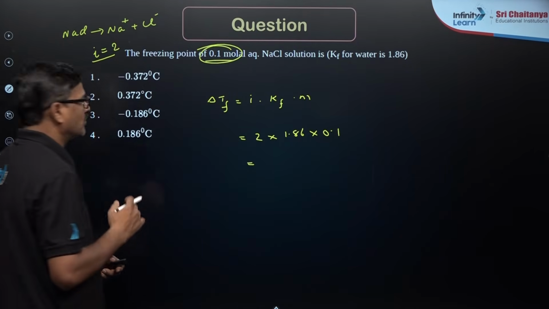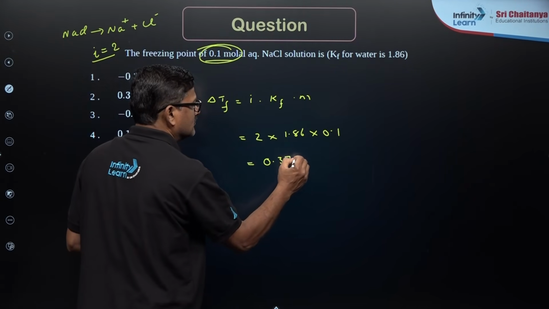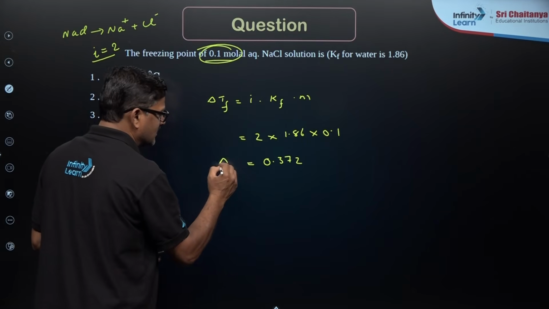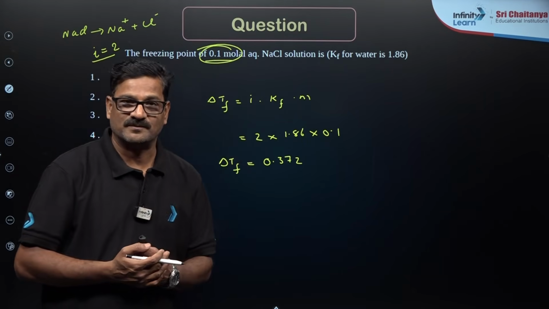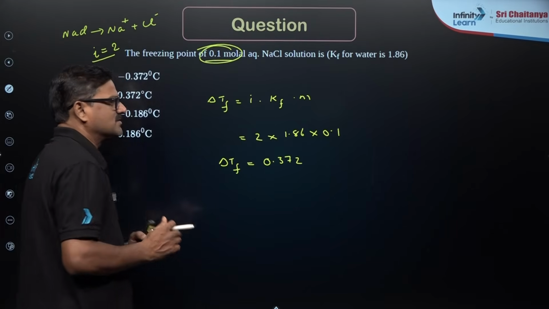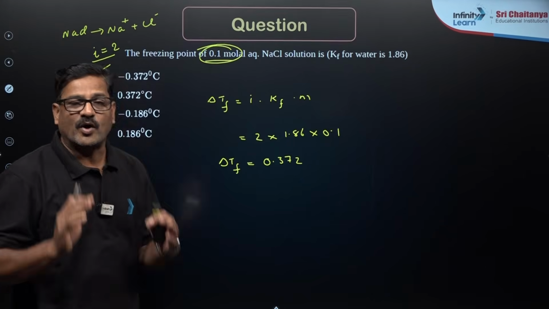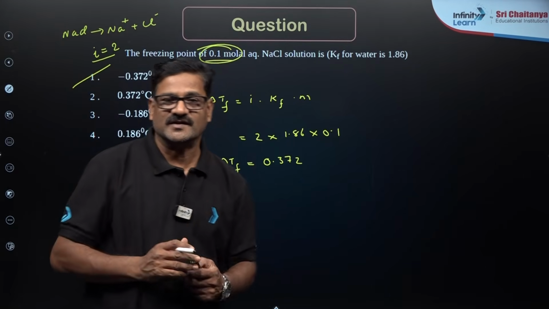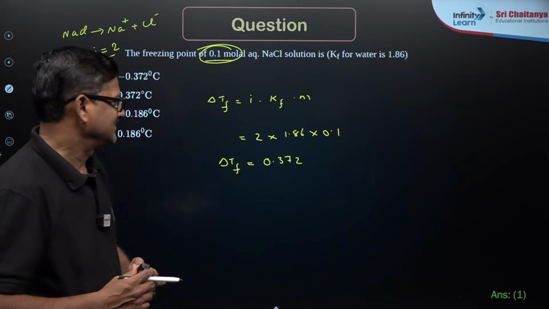On doing so, you are going to get 0.372. So that is the delta Tf value. Freezing point of water is 0, so this is going to be 0 minus 0.372, which is negative 0.372 degrees centigrade. Option 1 is the correct answer for this question.